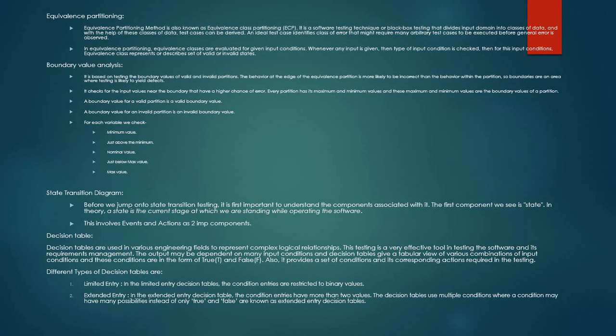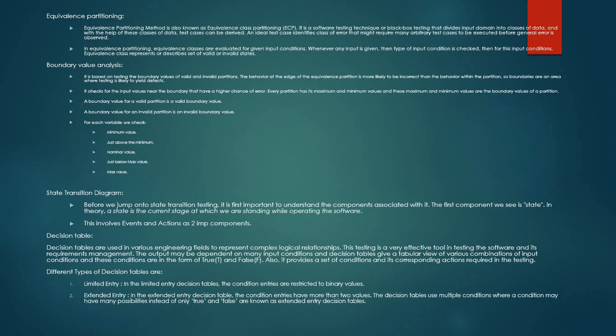The maximum age you can enter is 10, so you consider 10 as x and you do 10 plus 1 and 10 minus 1. That is the boundary value you have to validate. If the minimum value is 0, you consider 0 as x and you do x plus 1 and x minus 1. These are six different values which you need to validate for boundary value analysis.